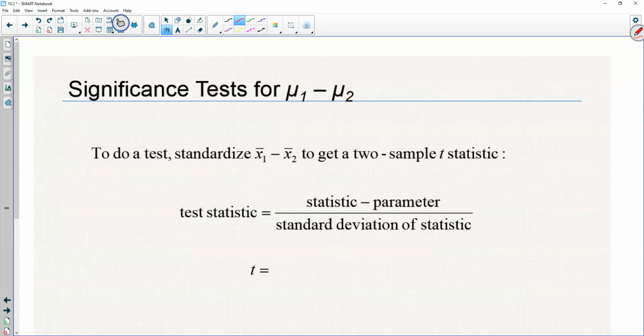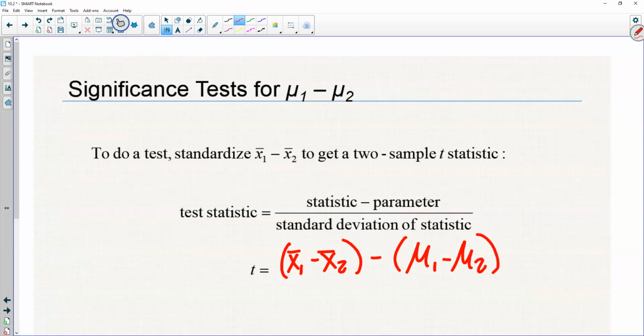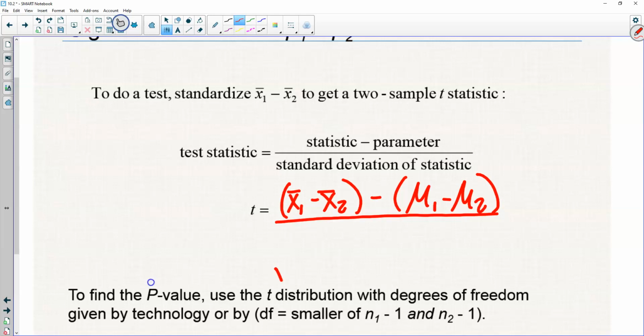Okay, so as always, our test statistic is statistic minus parameter over standard deviation of statistics. In our context here, our statistic is x bar 1 minus x bar 2. Our parameter is mu1 minus mu2, which we should have as 0, so that is not super important. And then our standard deviation is the square root of s1 squared over n1 plus s2 squared over n2.